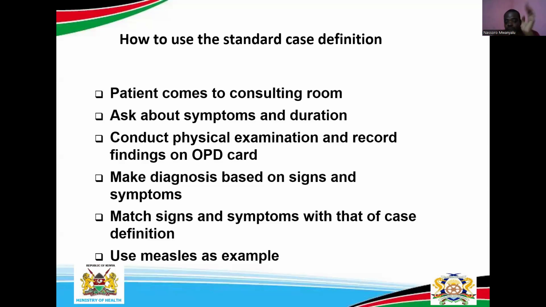Why? Because the weakness, yes, it's sudden, but it has been caused by injury. So that's how you use the case definition to know if this case qualifies to be your case or not.